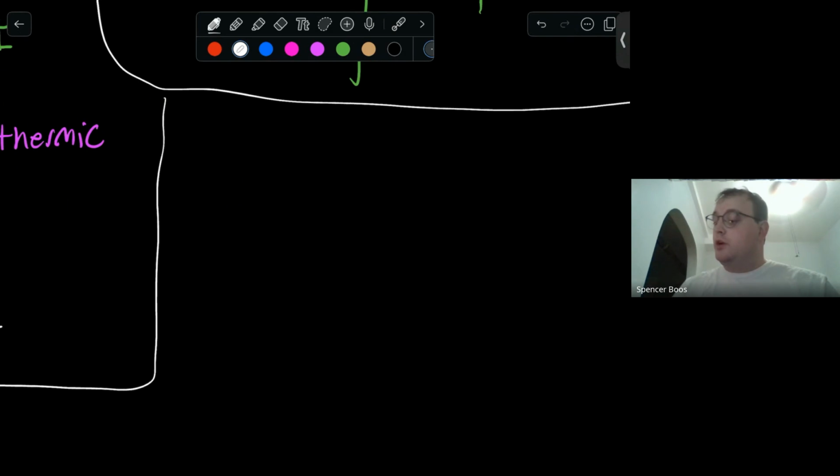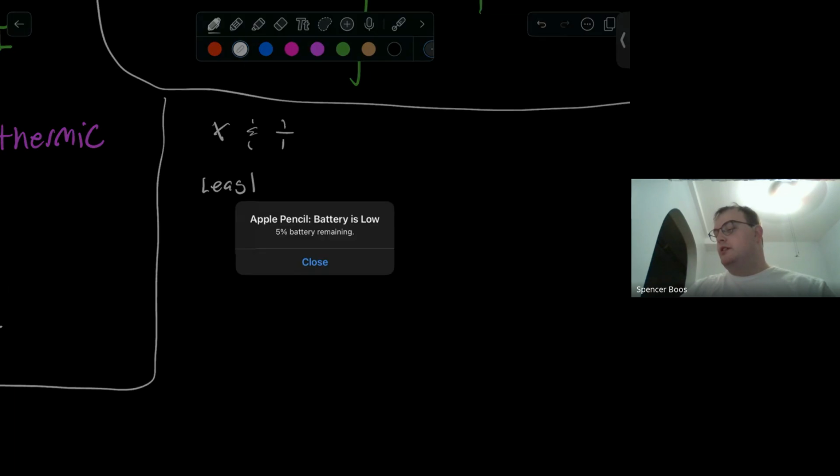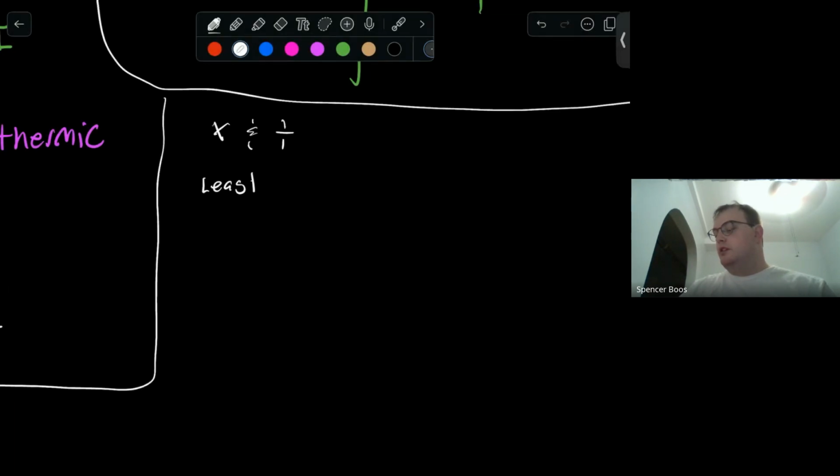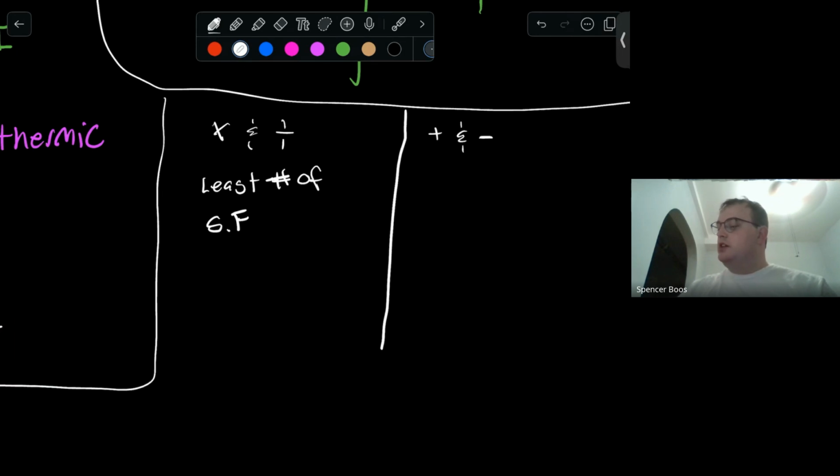If you recall, multiplication and division use the least number of sig figs, versus adding and subtracting, which use the least number of decimals.